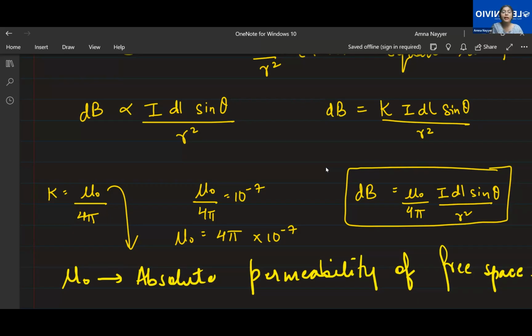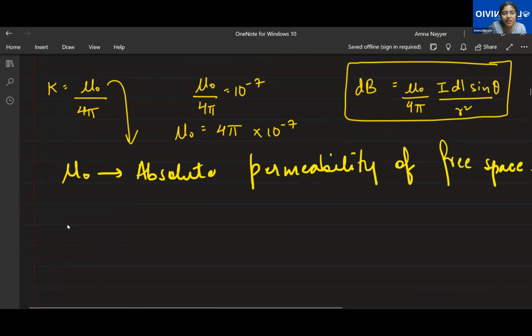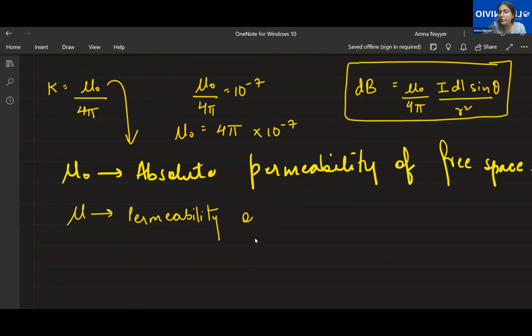So with the material, the magnetic field changes. And how is it changing? It depends upon the permeability. Mu naught is the absolute permeability of free space, and mu is just the permeability of any material, the permeability of a medium.